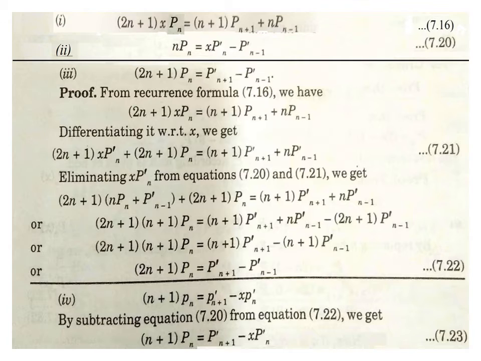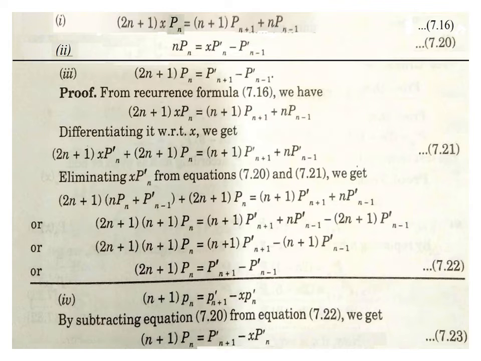How? If we discuss the derivation of the third recurrence relation, where are we starting from? From recurrence formula 7.16, which means the first recurrence relation. Starting with 7.16, we differentiate with respect to x.